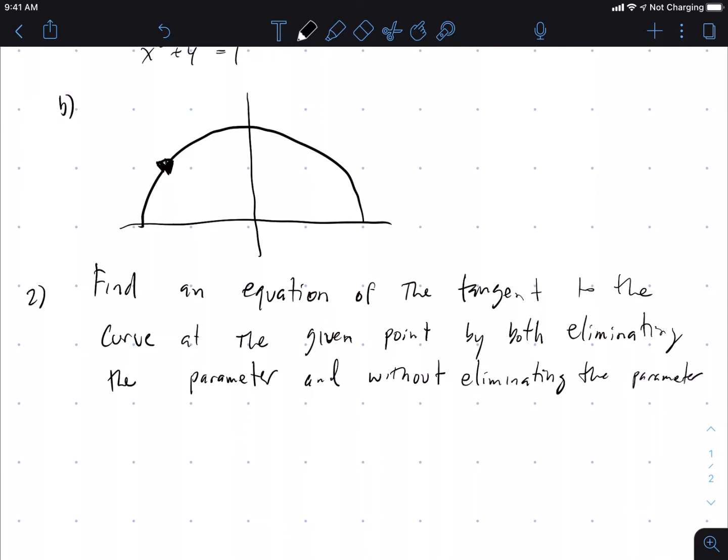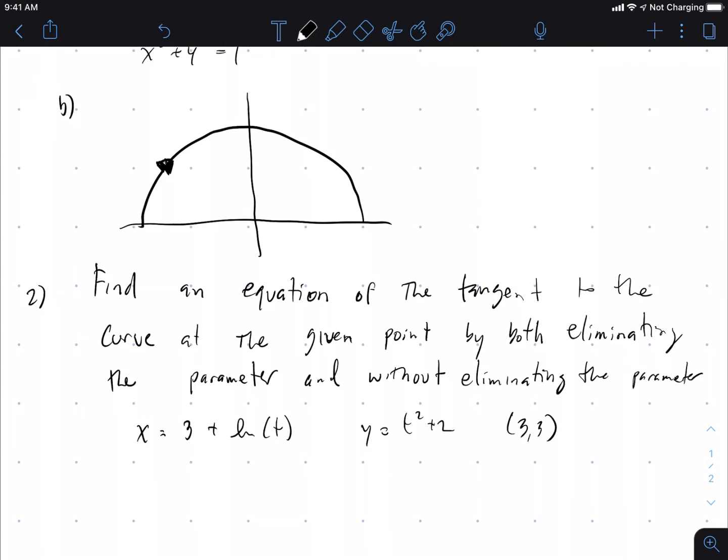All right, and here's what they give us. They give us x is equal to 3 plus ln of t. Y is equal to t squared plus 2. And the point that they're giving us is 3, 3. All right, so we want to find an equation to this thing, correct?